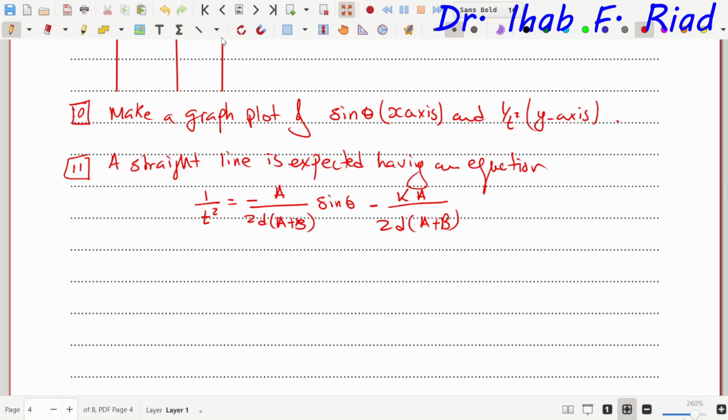Okay, we say that the gradient is equal to minus a divided by 2d a plus b.